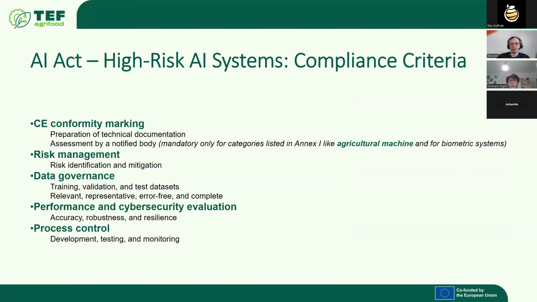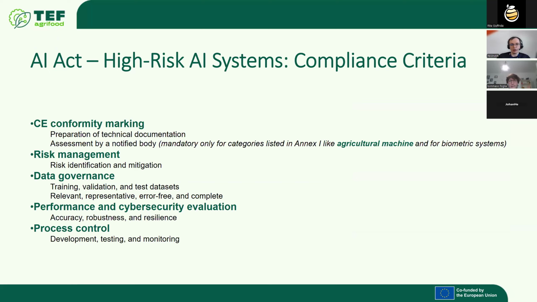So let's focus on what the AI Act requires for high-risk AI systems. If an AI system is classified as high-risk, it means it could significantly affect people's lives, rights, safety, or access to essential services.